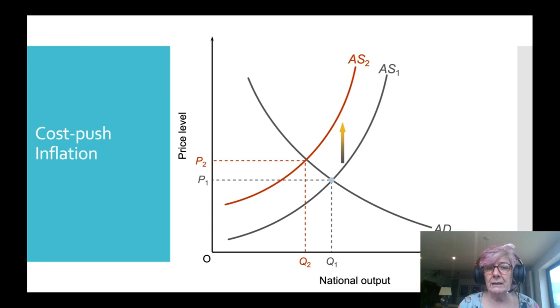And so the whole supply curve shifts inwards to the left. And we see the result of that is that national output has fallen now from Q1 to Q2, but also the price level has increased from P1 to P2. So that difference between P1 and P2 represents the inflation caused by the supply shocks.